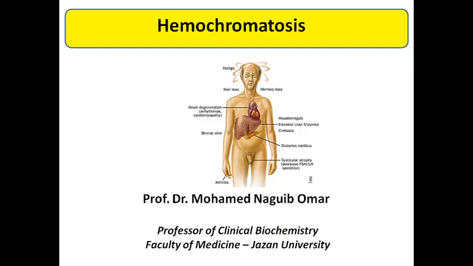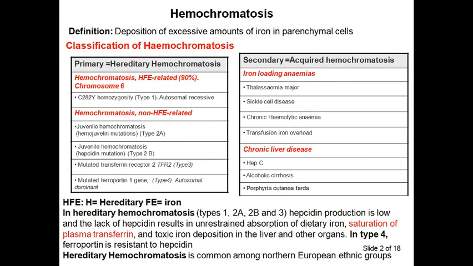Hemochromatosis. Let us start by defining what's meant by hemochromatosis. Hemochromatosis means the deposition of excessive amounts of iron in parenchymal cells.